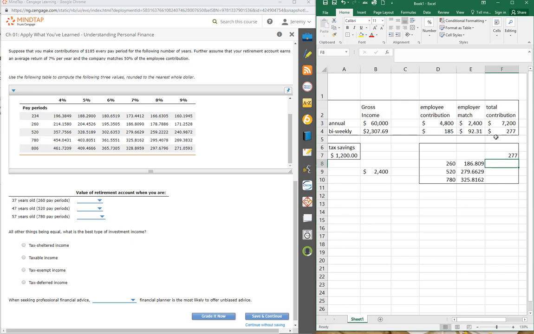To figure out how much that turns into, I just multiply 277 by this multiplier here. I'm just multiplying all the way down, so hopefully we get all the answers in one fell swoop.